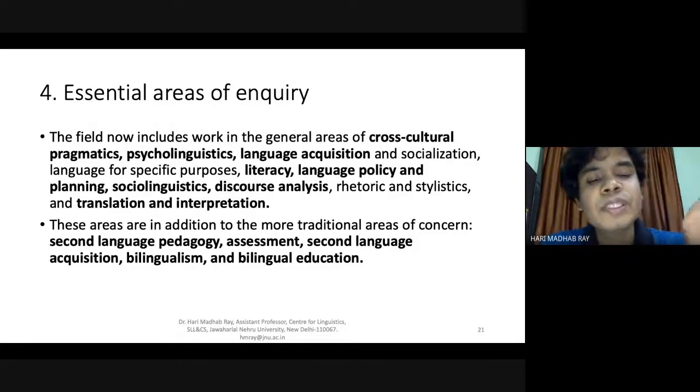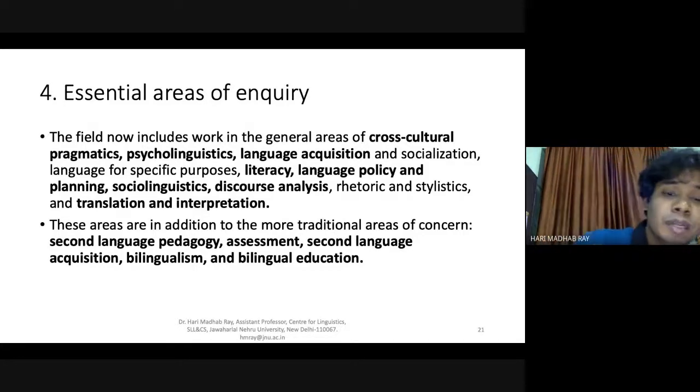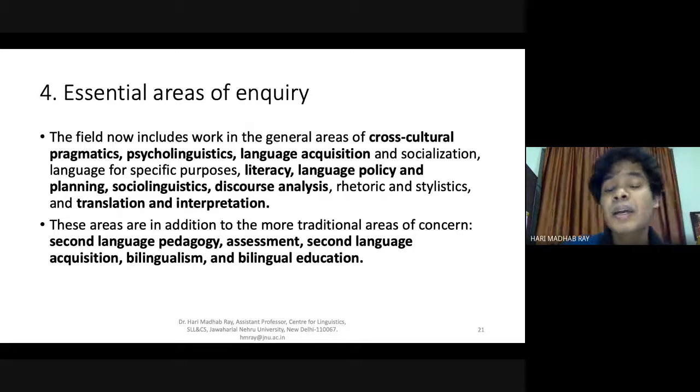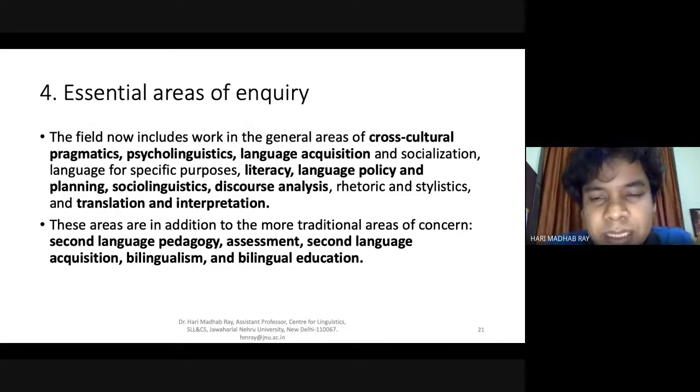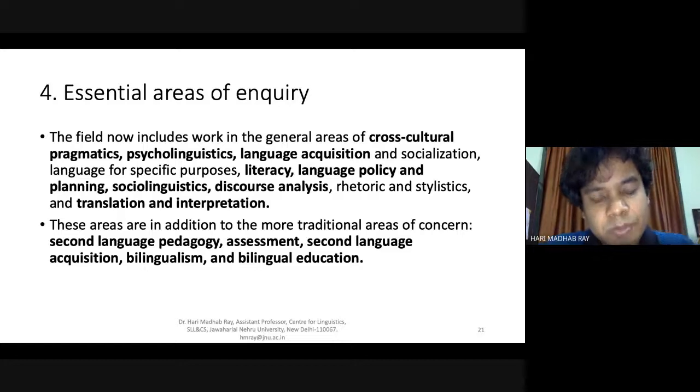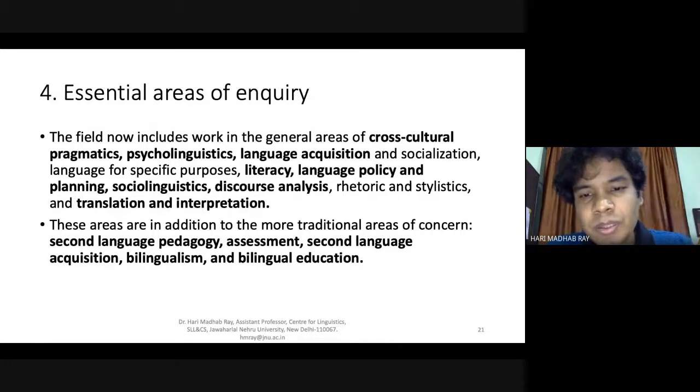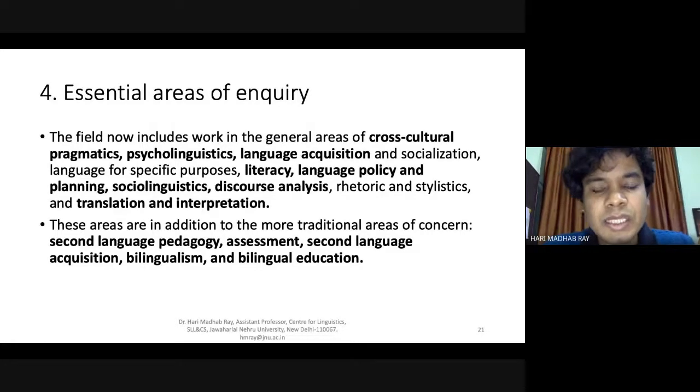And assessment and second language acquisition and bilingualism also, bilingual education. When we talk about bilingual, mainly we talk about multilingual, because both the terms are used, bilingual and multilingual education. And in many cases, we have also introduced mother language education, MLE.